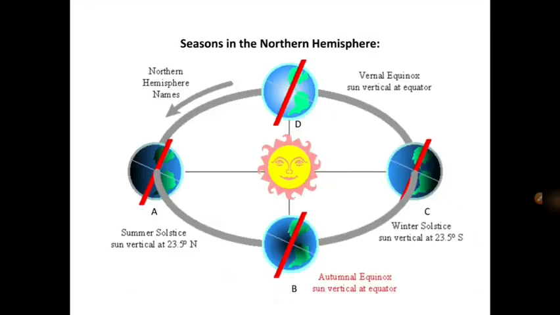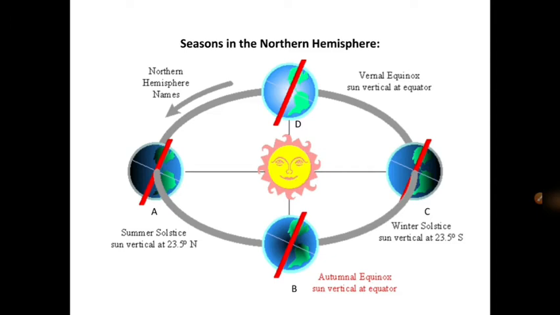The seasons in the northern hemisphere. On June 21st, which is also known as the summer or June solstice, the sun's rays fall on the Tropic of Cancer at right angles to the earth's surface.